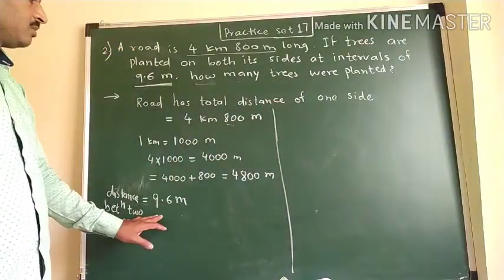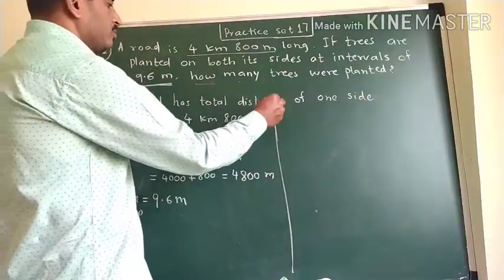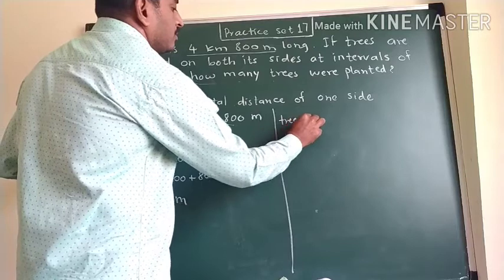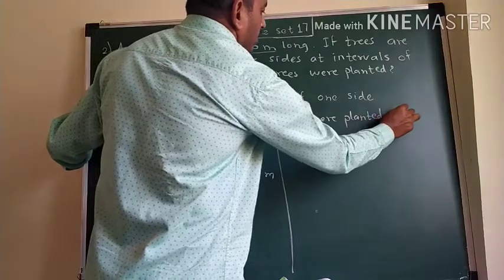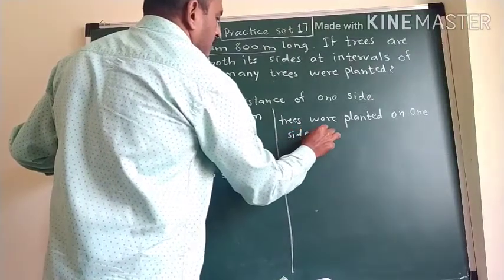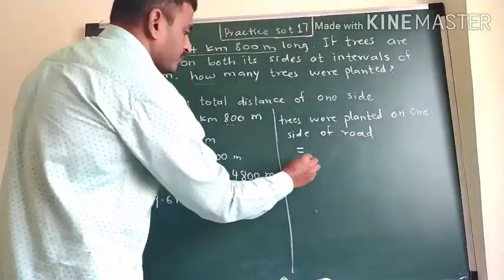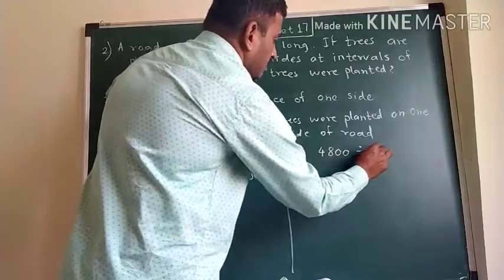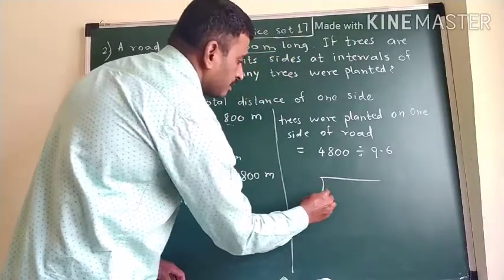So by this number we are going to divide this number. We can find out trees were planted on one side of road is equal to 4800 divided by 9.6. Now we can write in a division format.